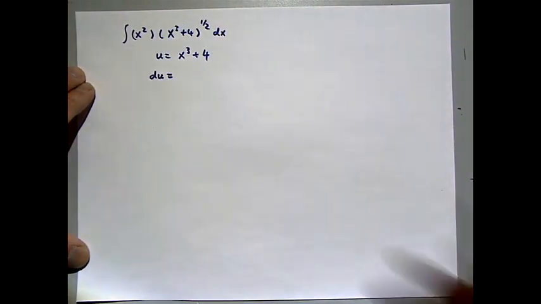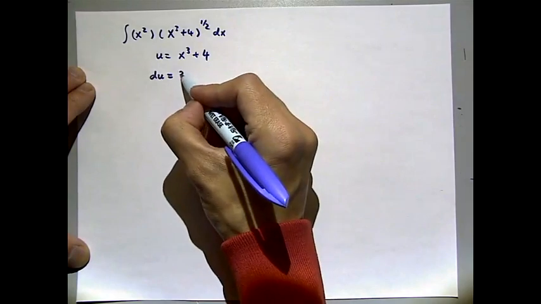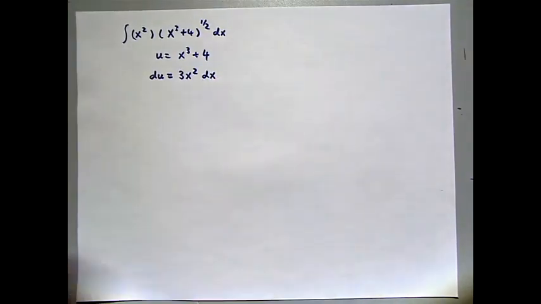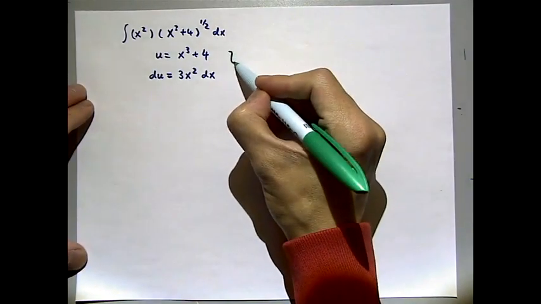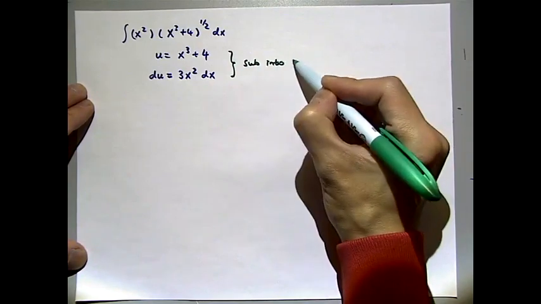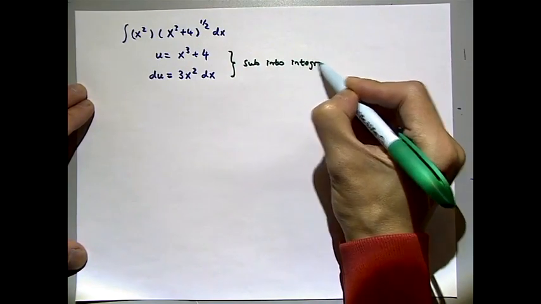So du is the derivative of that, 3x squared times dx. Then we substitute these into the integral.